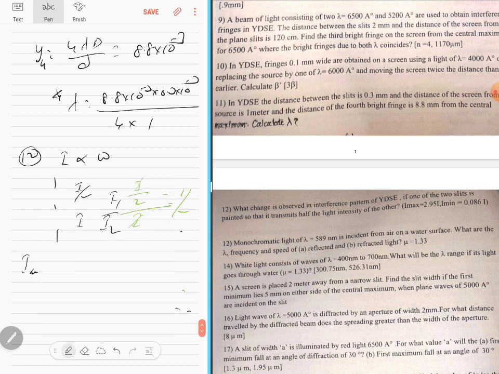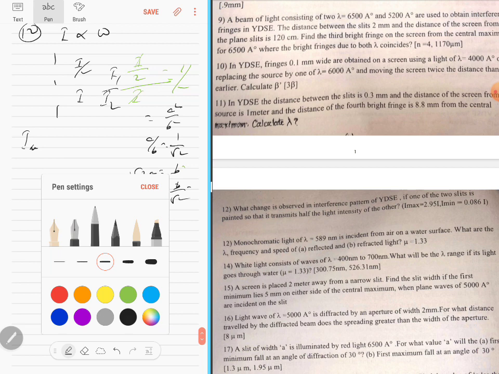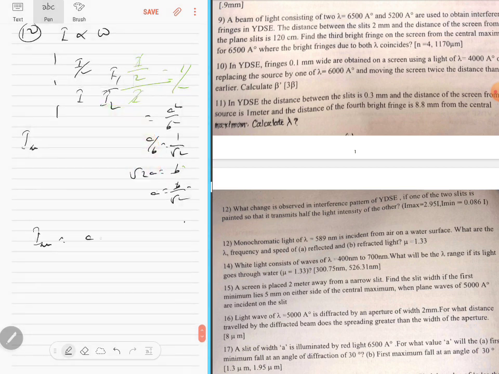You know that that's nothing but A square by B square. Therefore, A by B is equal to 1 by root 2. So root 2 A is equal to B, or A is equal to B by root 2. Now you know what A and B are, and for I maximum, it's A plus B the whole square.